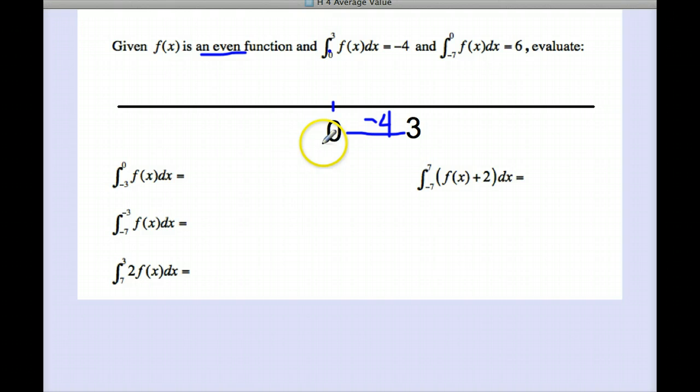Since it's an even function, we know that the value is exactly the same on the opposite side. And this is where -3 is. That means from here to here, I also have to be at -4.